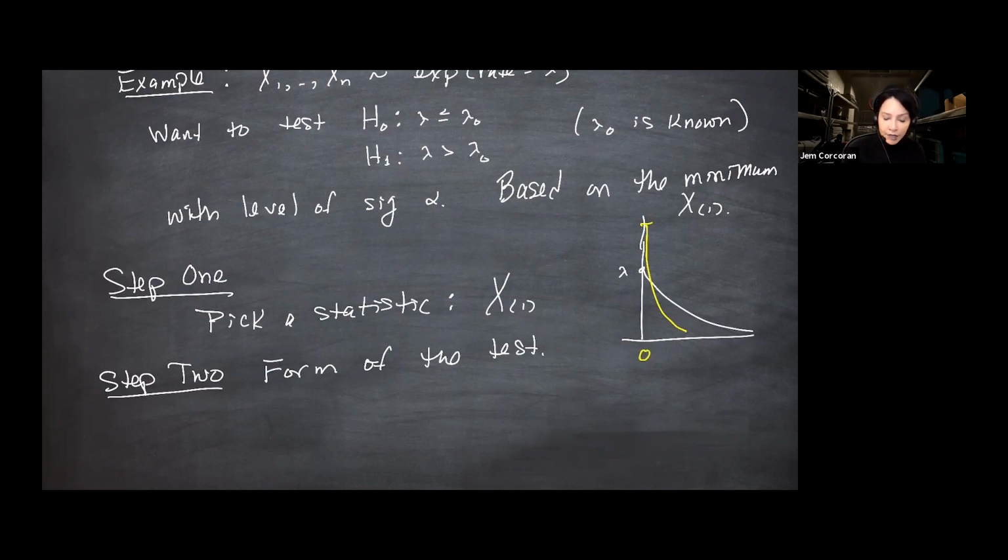So, completely by looking at this alternate hypothesis, I will conclude, given that I'm using the statistic, that I want to reject the null hypothesis in favor of the alternative if the minimum is small.